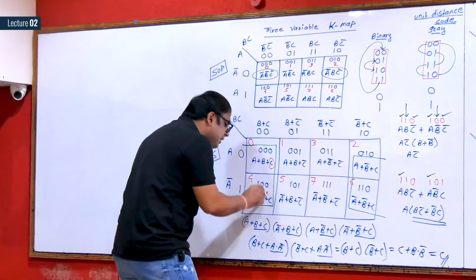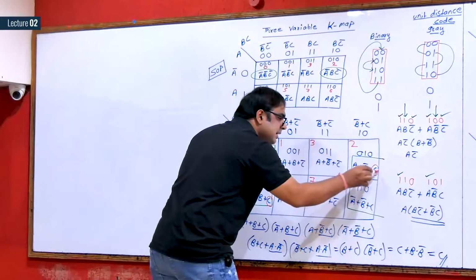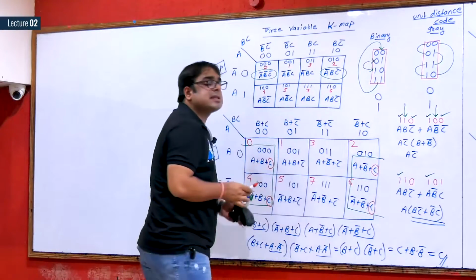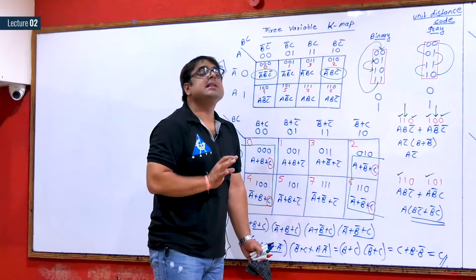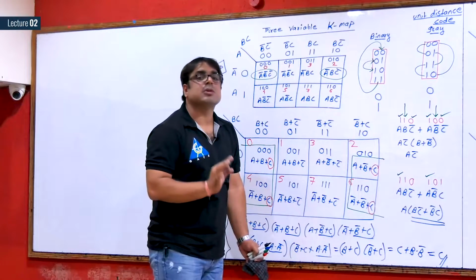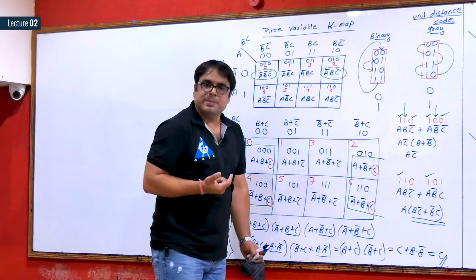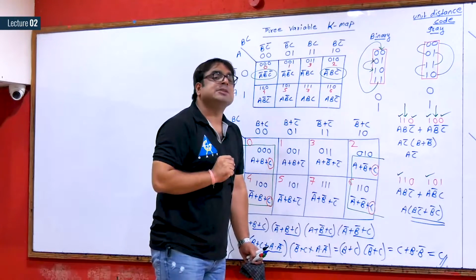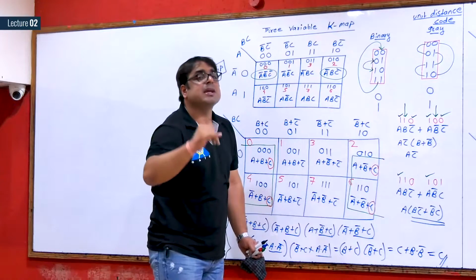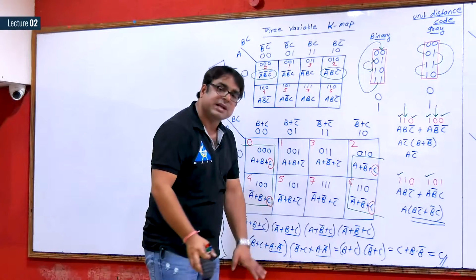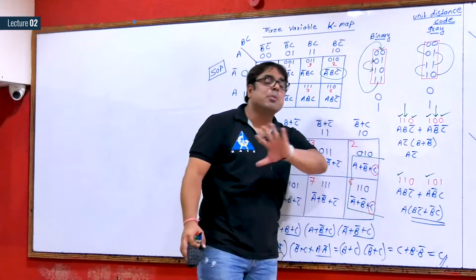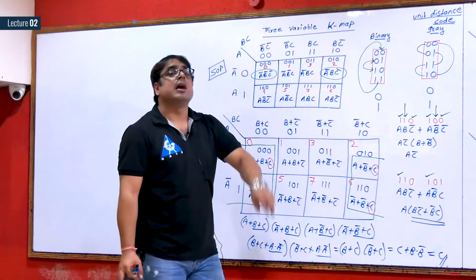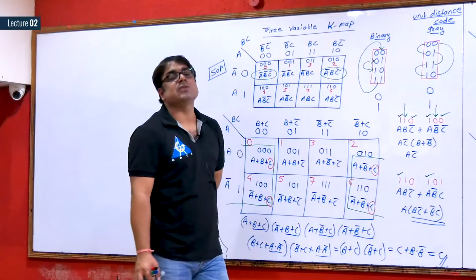This C, C, C and C. In this entire group, C is common. So, answer is C. Why are A and B not available in the answer? Because they both will get reduced one by one. First step A got reduced, second step B got reduced.